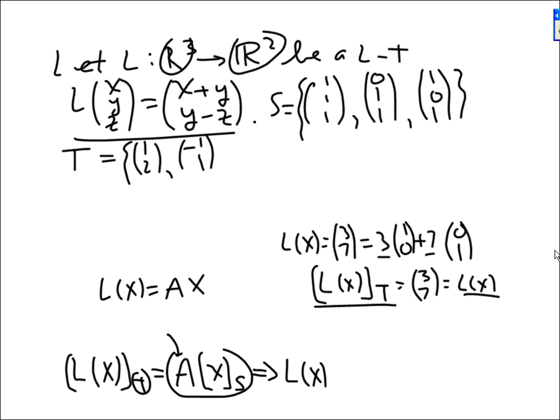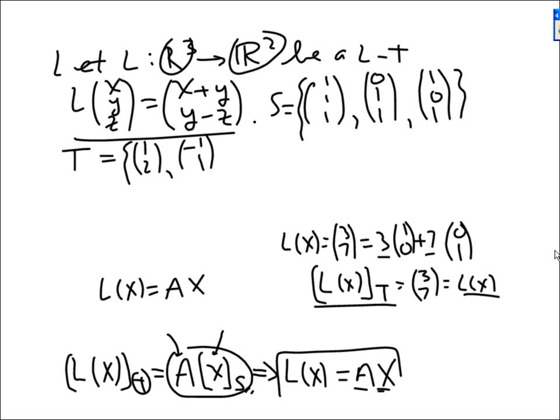And same thing on the other side. A is A, but if basis S is a natural basis, then the coordinates of x with respect to S will just be x. So when you use the natural bases for S and T, you just describe the linear transformation as a special matrix A times x.